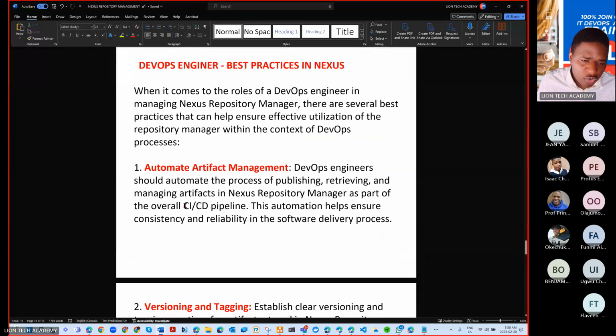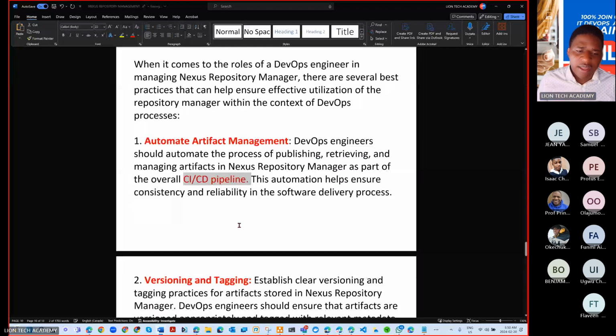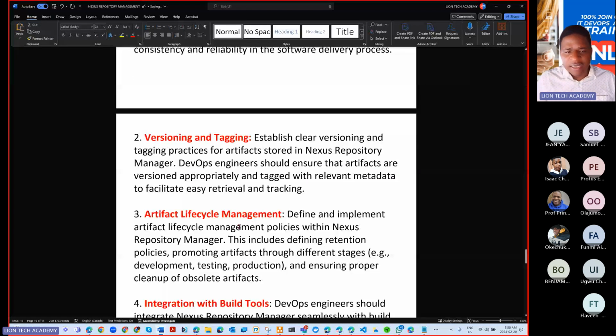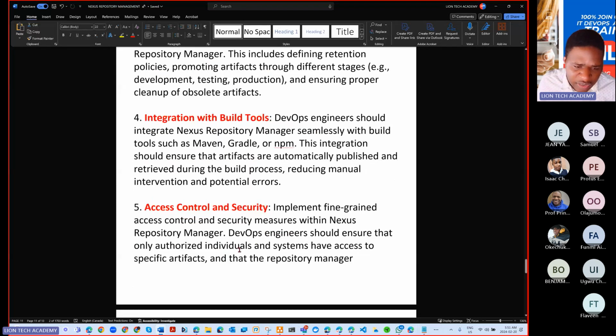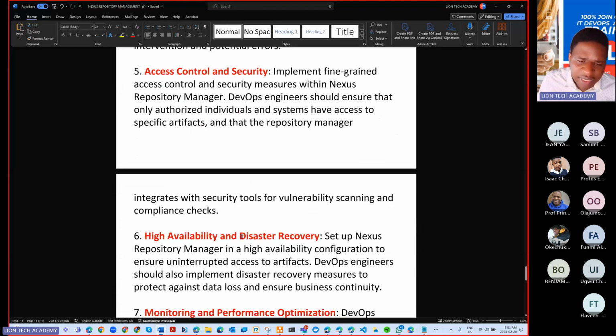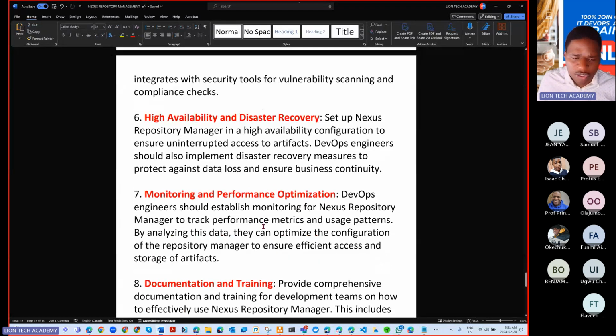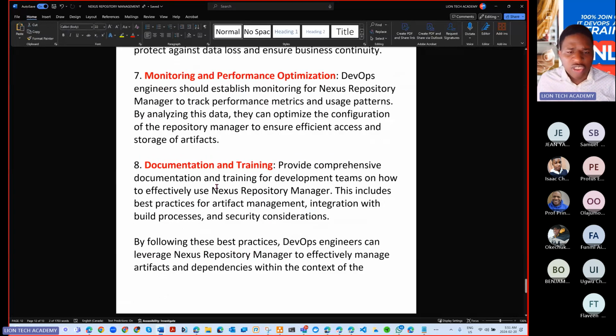So again, what you keep seeing is the CI/CD pipeline. This is what we're going to look at when we get to Jenkins. Now, versioning and tagging, artifact lifecycle management, integration with build tools, access control and security, high availability and disaster recovery, monitoring and performance optimization.